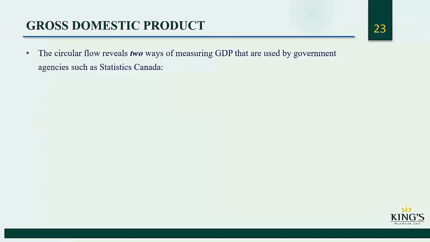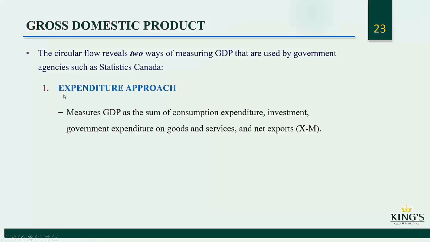What's interesting about that last discussion is that we essentially have three ways that we could estimate gross domestic product, but the statistical agencies typically just use two different ways because it's very hard to get an exact list of all the goods and services. What we could do, though, is just look at expenditures in the economy.